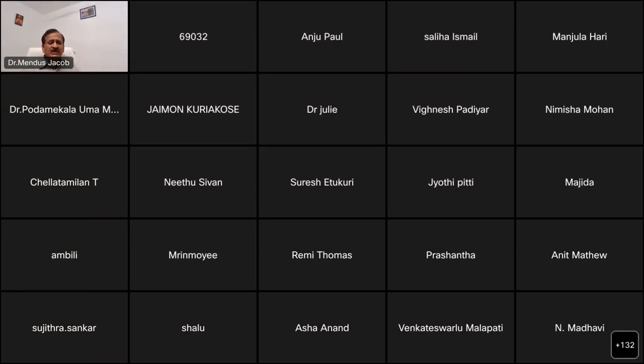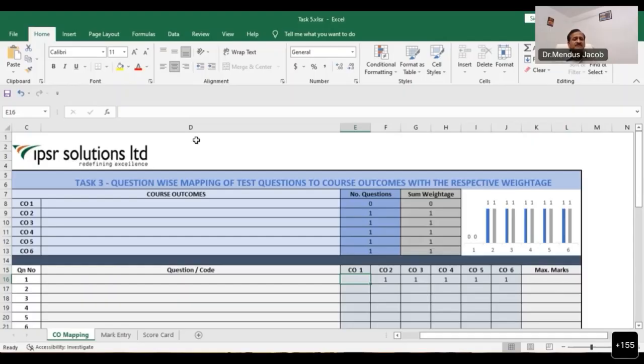Today's activity is a CO computation activity. You can download an Excel sheet like this, where you can add some values, or input your course outcomes here.